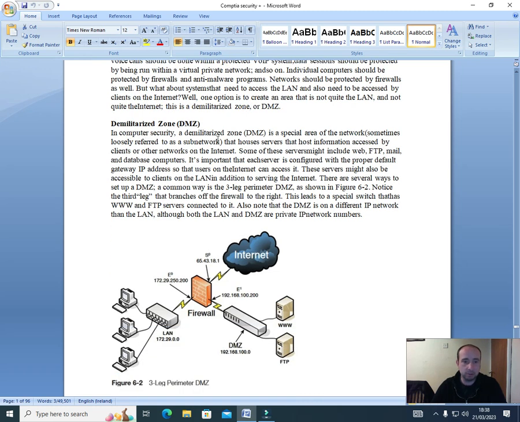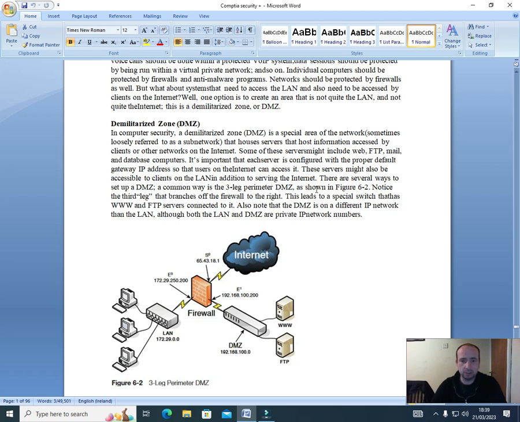In computer security, a demilitarized zone, DMZ, is a special area of the network, sometimes loosely referred to as a subnetwork, that houses servers that host information accessed by clients or other networks on the internet. Some of the servers might include web, FTP, mail and database computers. It is important that each server is configured with the proper default gateway IP address so that users on the internet can access it. These servers might also be accessible to clients on the LAN.